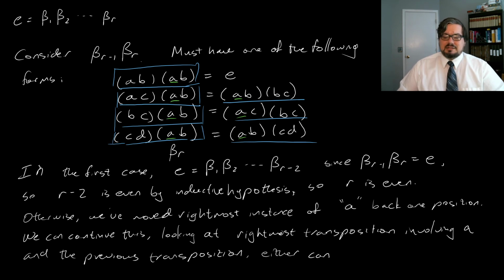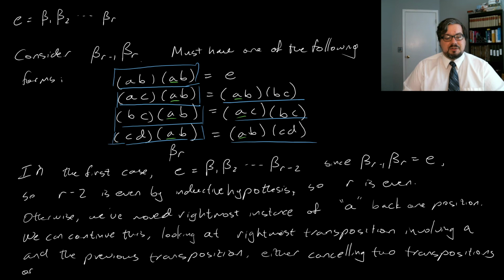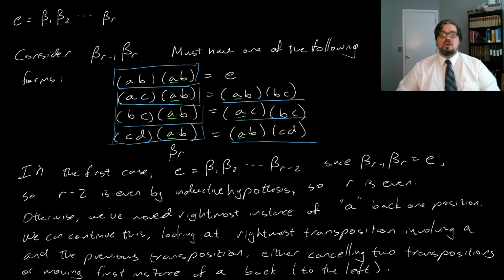So either, as I said, canceling two transpositions or moving the first instance of A back, that is to the left. So we continue this. The first instance of A was right at the rightmost term.